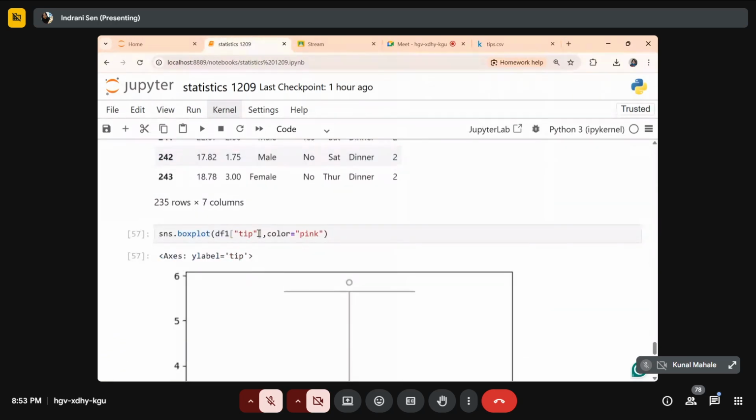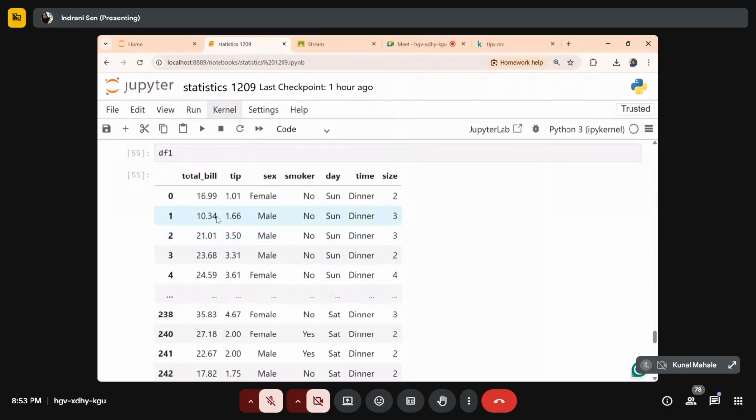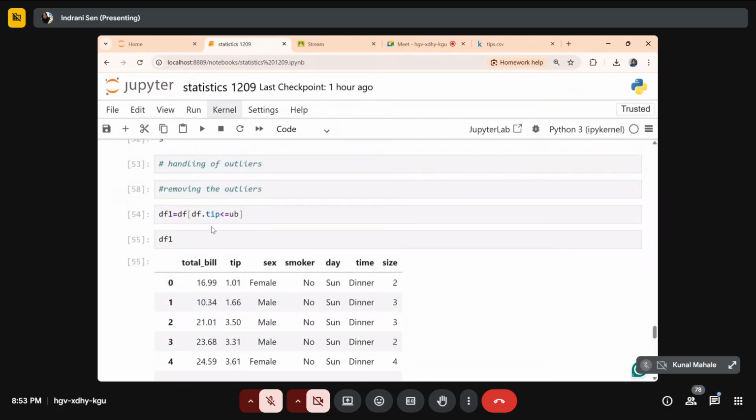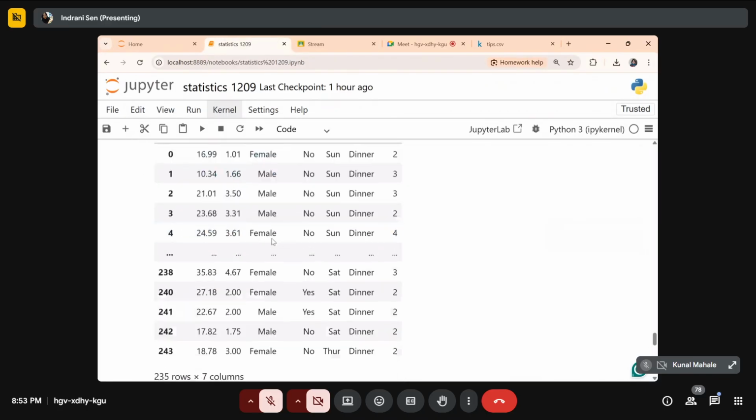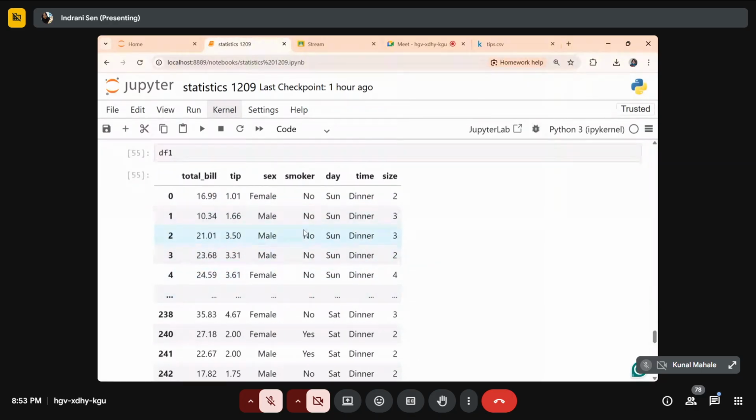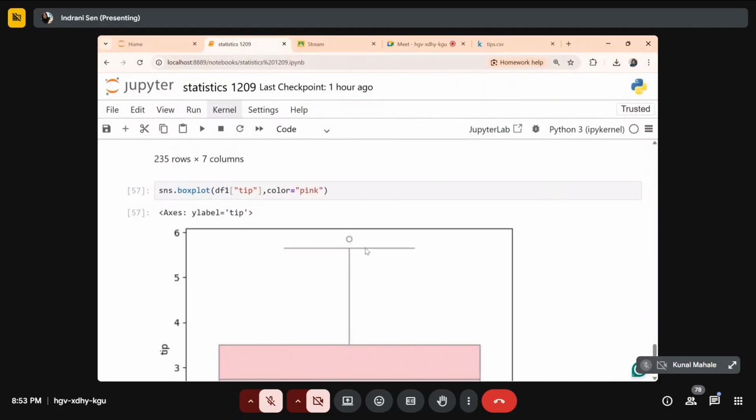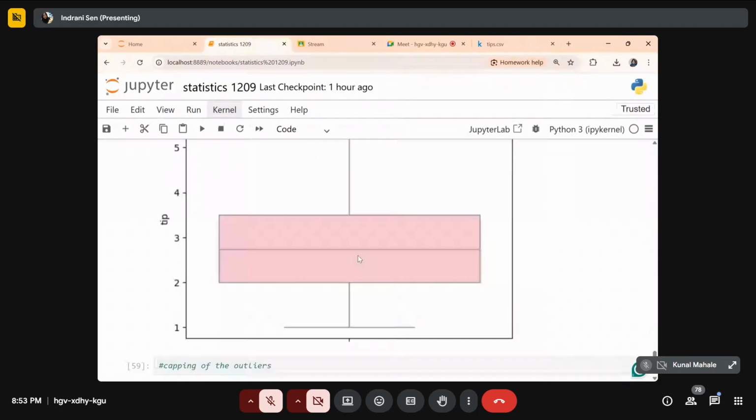So I showed you this. Next, I told you that I'm removing the outlier. So I have filtered the data which is less than the upper bound into another data frame called df1. And I check the outliers of the data frame, and I see that the outliers are almost removed.